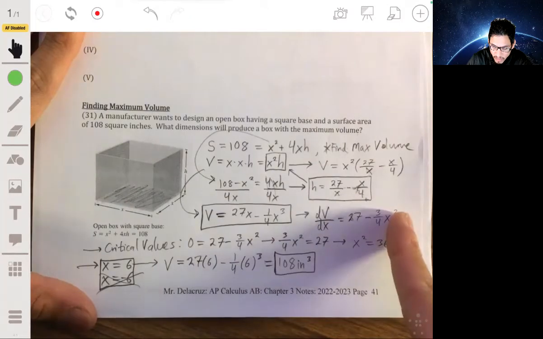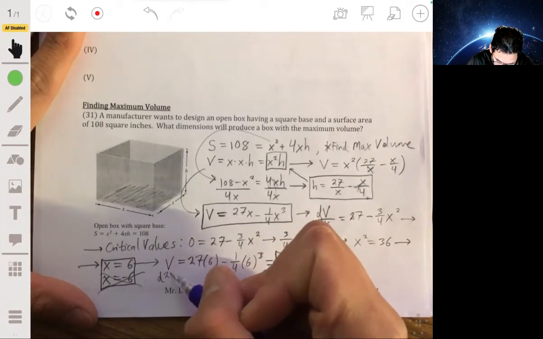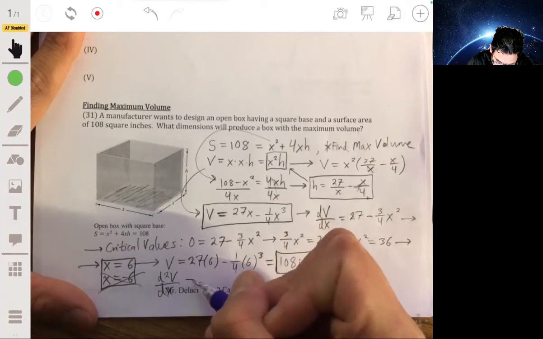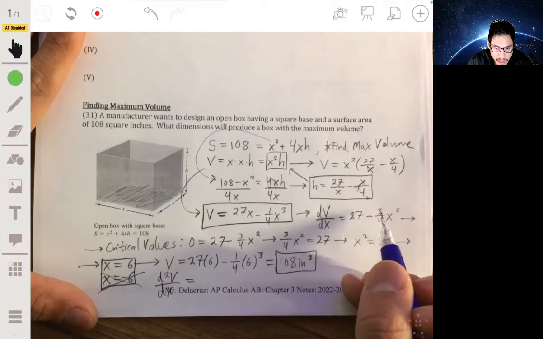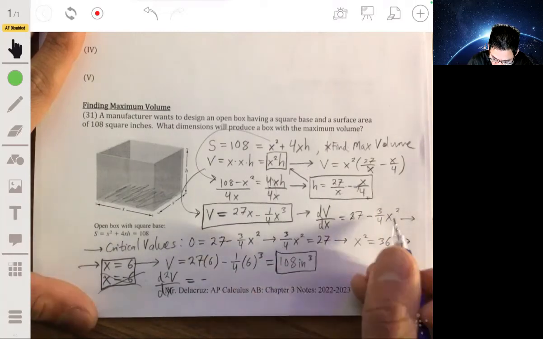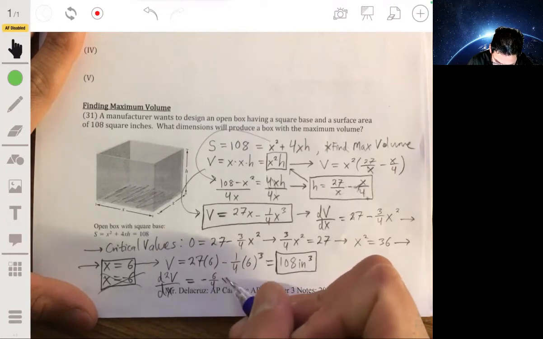Let's check the second derivative. The second derivative of V with respect to x will just be -6/4 x.